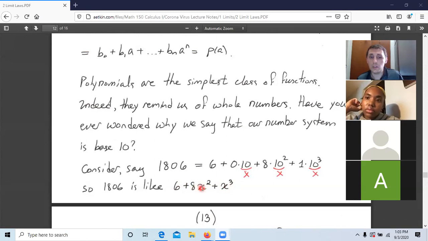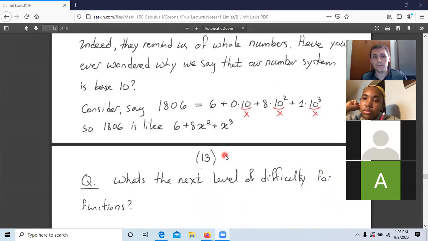This is the polynomial, and you plug in 10 into this polynomial and you get this number. So base 10, or basically your integers, are polynomials. In essence, there is a very strong connection between integers and polynomials. Just like integers are the simplest numbers, polynomials are the simplest functions.